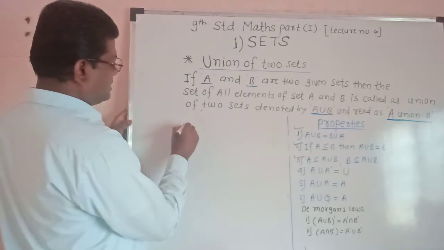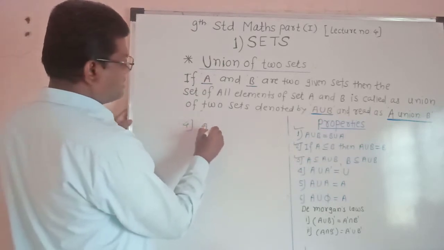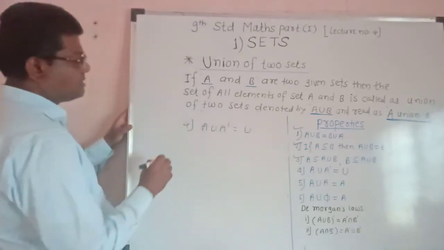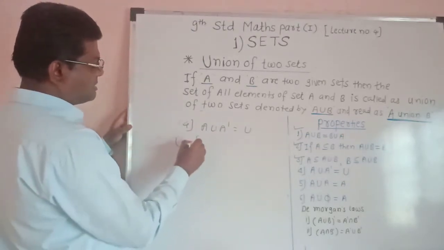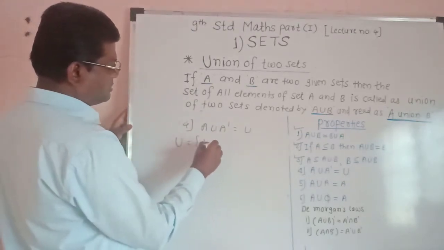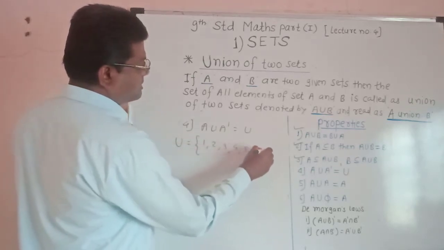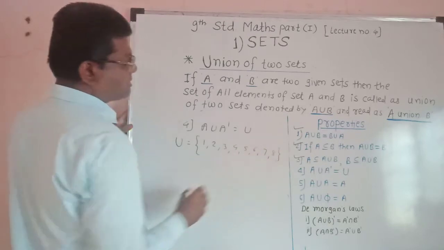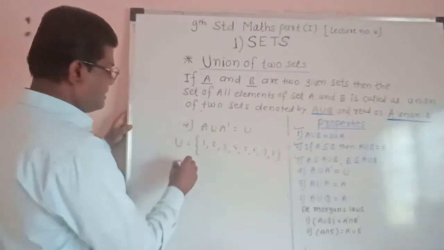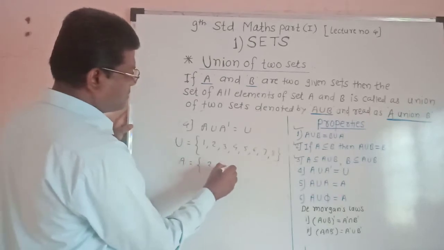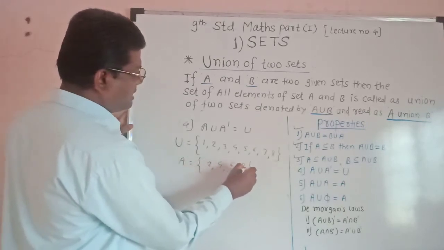Property number 4 is A union A dash is equal to U. Let us take the universal set as U is equal to 1, 2, 3, 4, 5, 6, 7, 8. This is the universal set. Now take set A is equal to 2, 4, 6, 8.